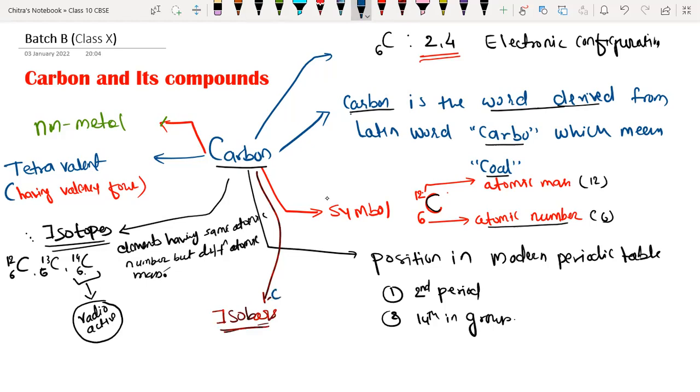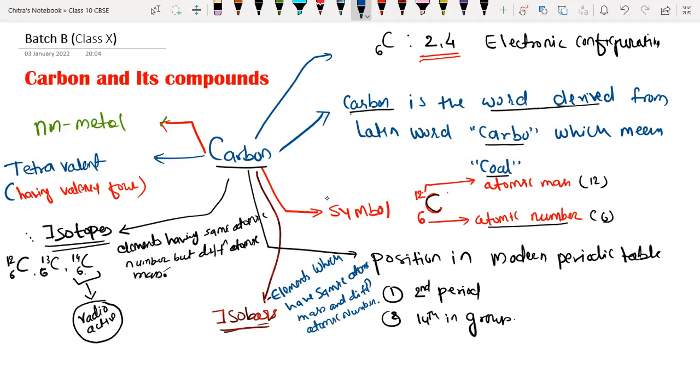Elements which have the same atomic mass but different atomic number are called isobars.